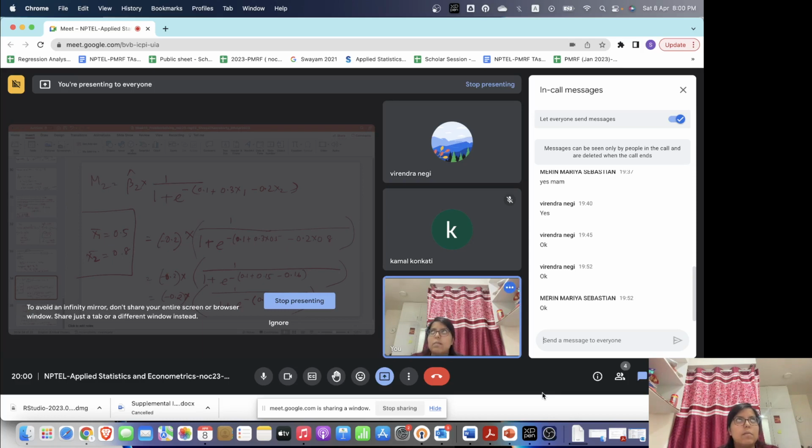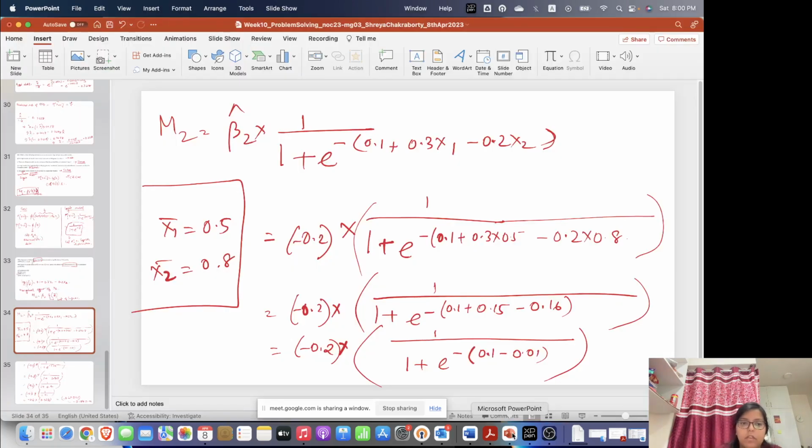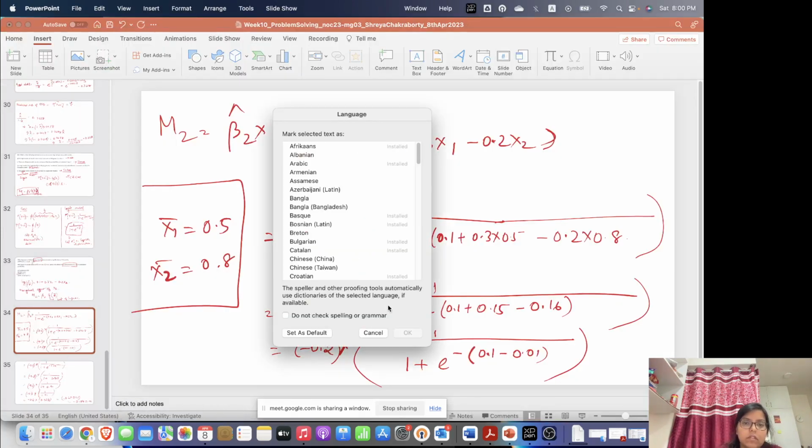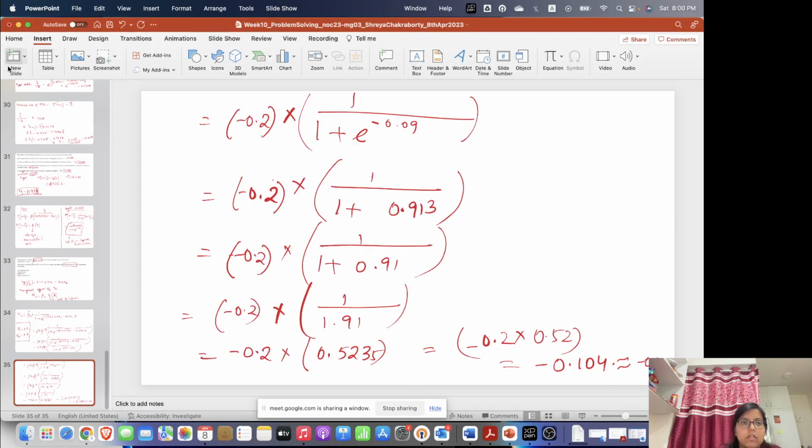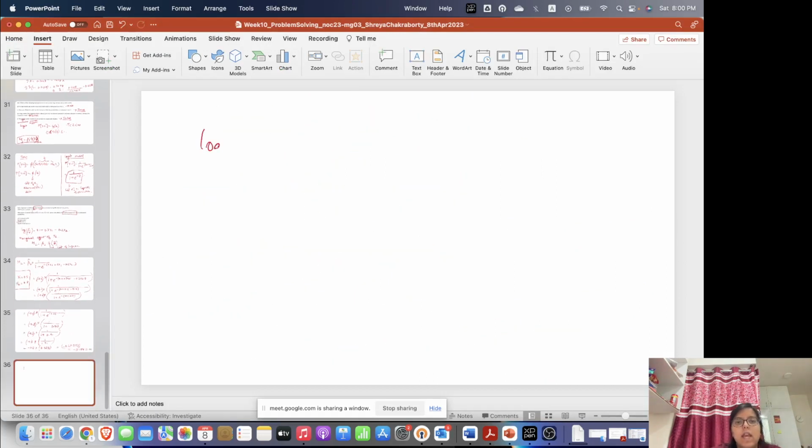So if you have this log model, equal to alpha naught plus beta naught x something, then e to the power beta naught would give the odds ratio. I'm not able to show it right away.